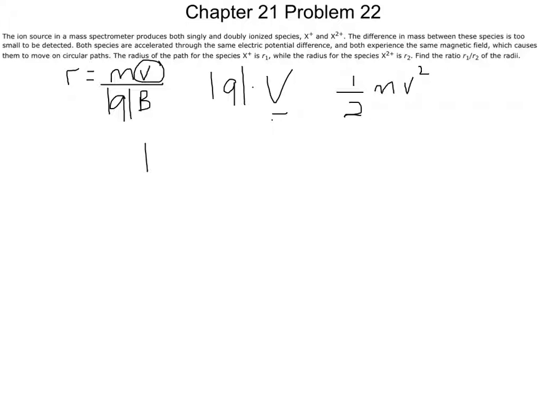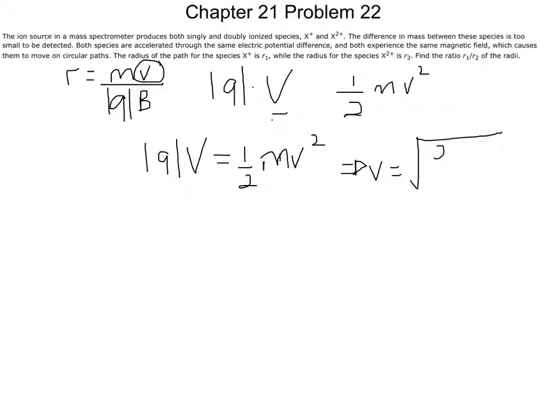So from there, you just set each equal to each other, or you can write it like this, just to set it equal to the speed.